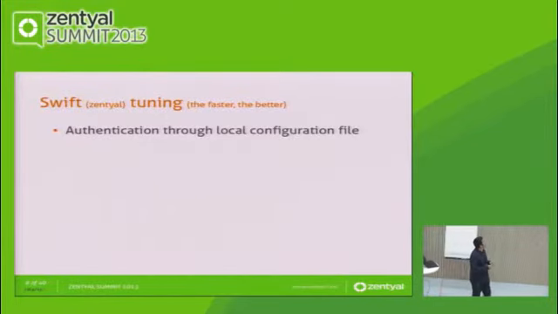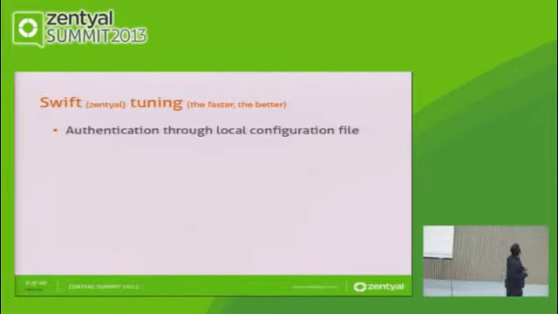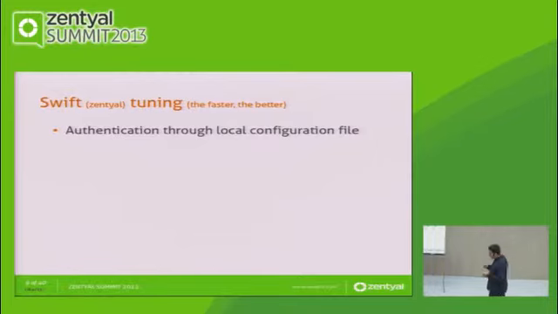Swift architecture is nice, but we need some tuning. We performed several stress tests with the OpenStack installation, and we saw that the authentication module was the bottleneck. So we need to do something, and we said, okay, we have only one client. Why do we need such an authentication system?